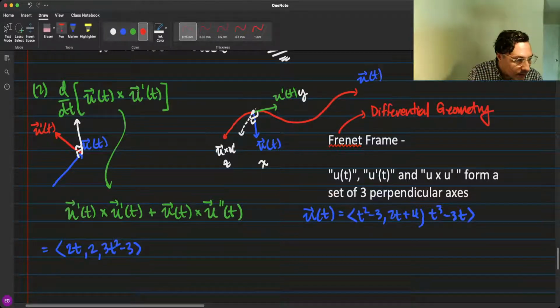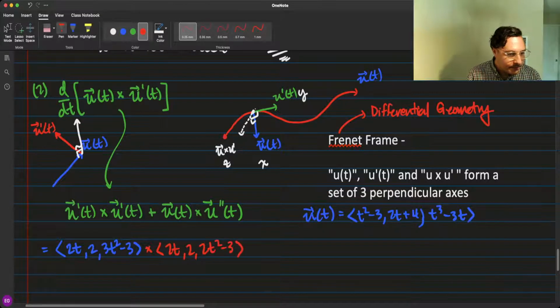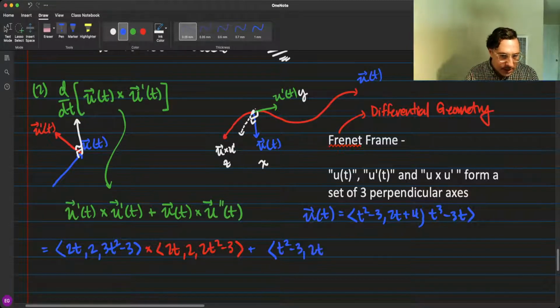And then you're going to cross that with u prime again, which is 2t, comma, 2, comma, 3t squared minus 3. And then you're going to add to that u, which is t squared minus 3, 2t plus 4, comma, t cubed minus 3t.